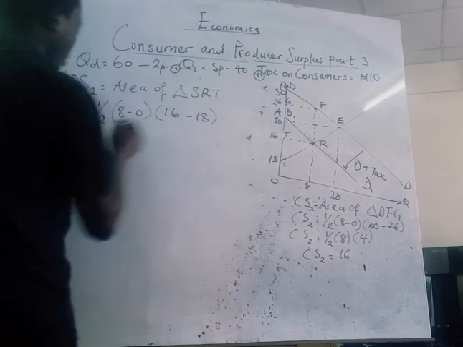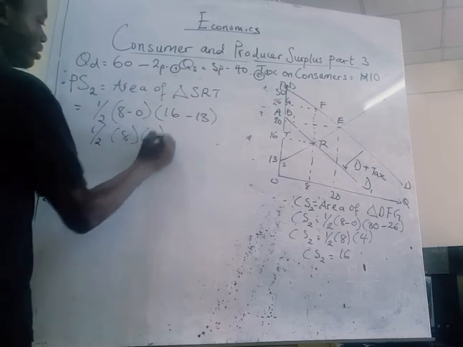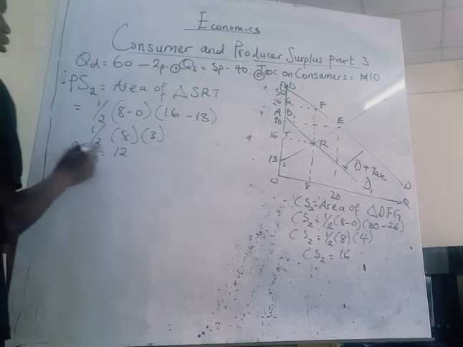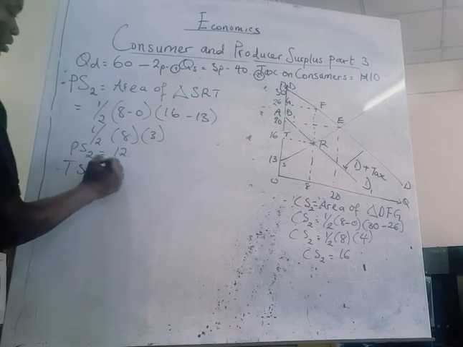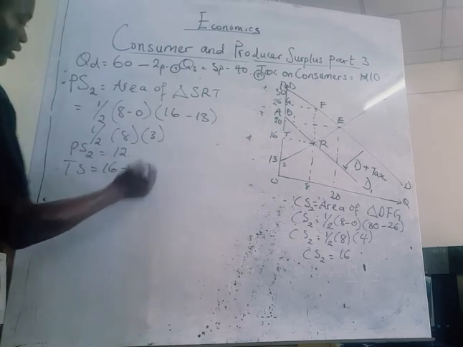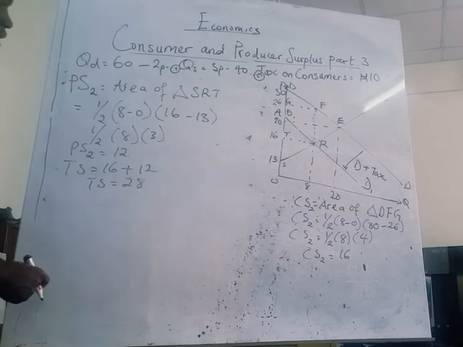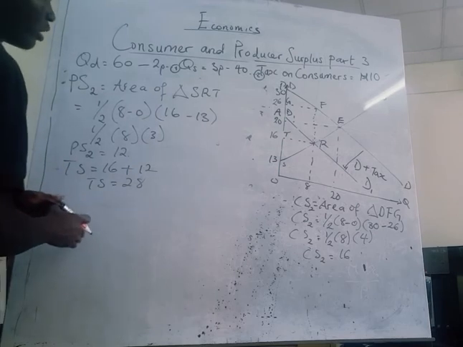So this is half 8 into bracket 3, and so our PS2 equals 12. So our total surplus now equals 16 plus 12, which is 28. So total surplus has fallen from an incredibly high value into 28. The imposition of tax has led to a drop in total surplus.